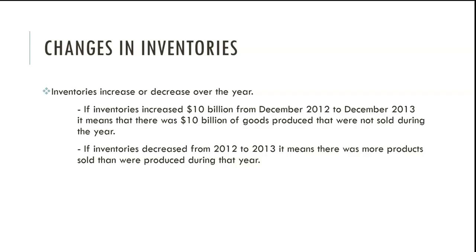If inventory decreased, so we say inventories dropped from 2012 to 2013, it means there were more products sold than were produced during that year. So inventories are going to be a signal to our businesses that they can increase or decrease production. We'll get into a lot more detail about this when we get into our aggregate expenditures model.